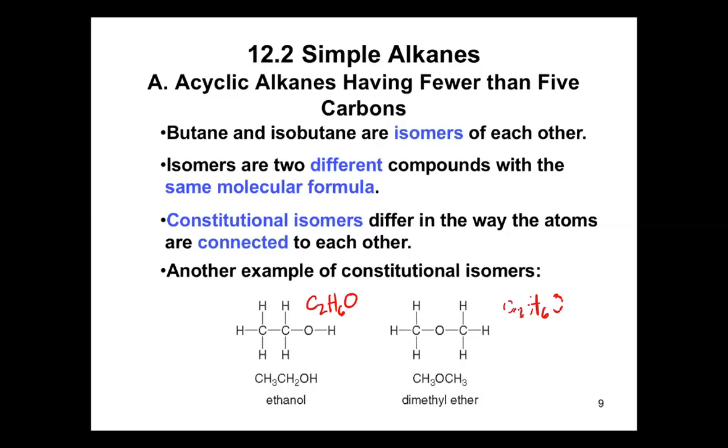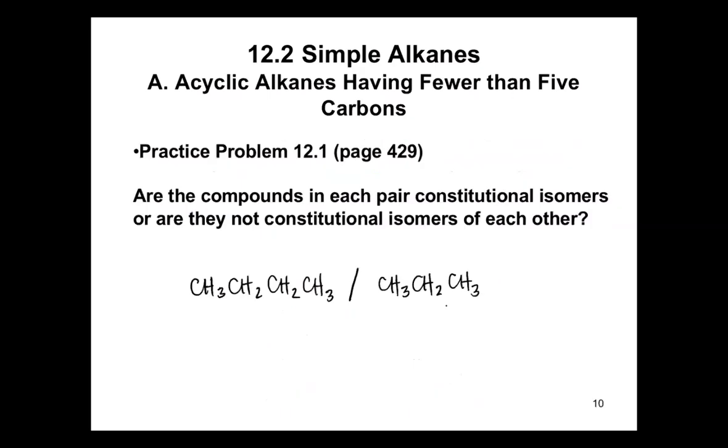And then for practice problem 12.1 on page 429, you have to determine if these compounds are constitutional isomers of each other or if they are not constitutional isomers. So yung una, if you will look at the left side, you have a 4 carbon molecule.